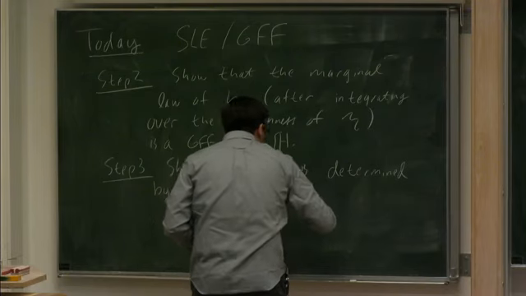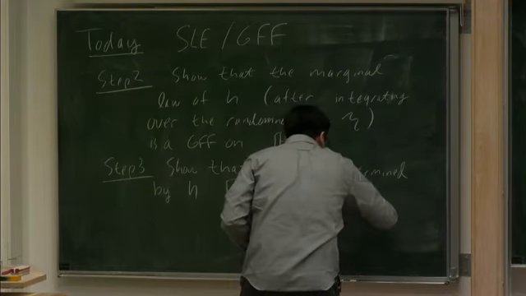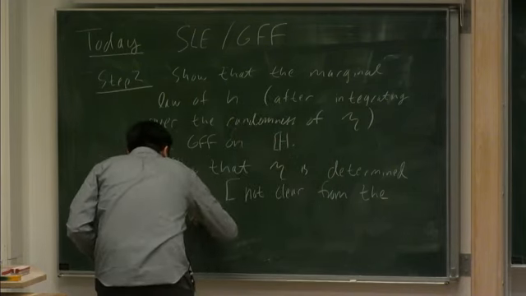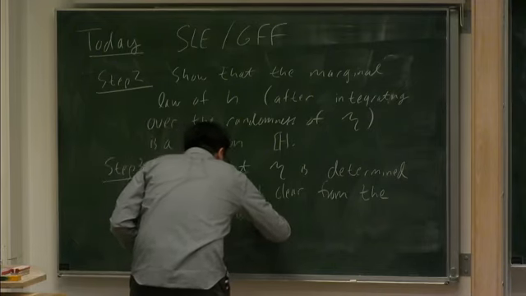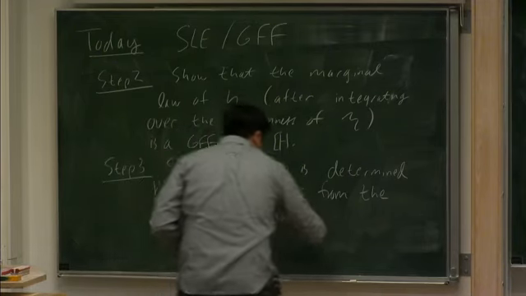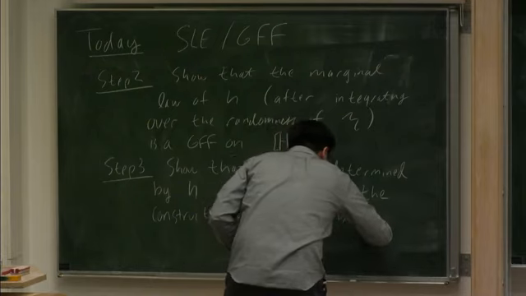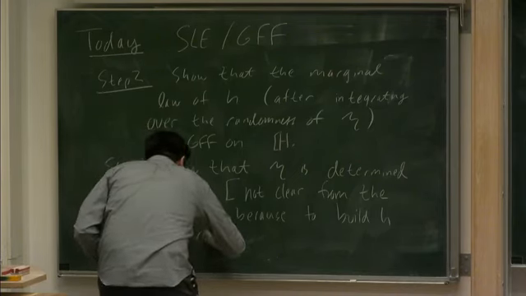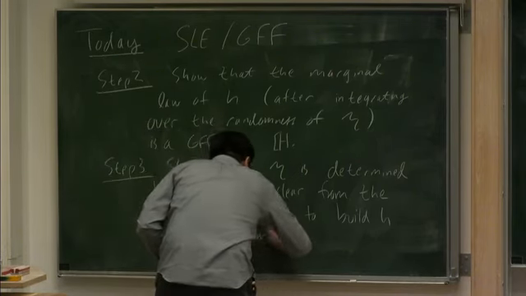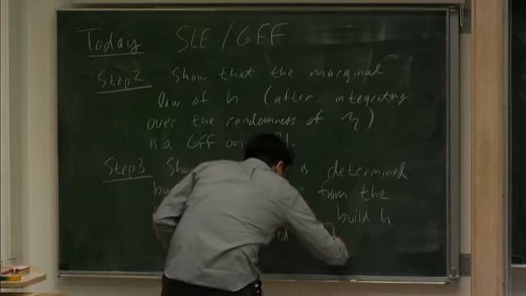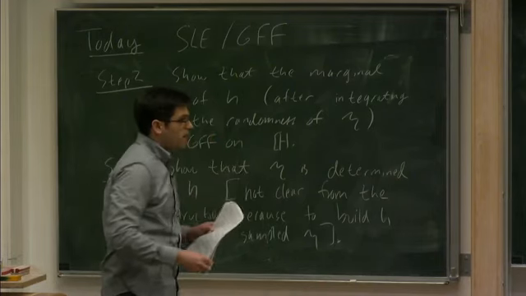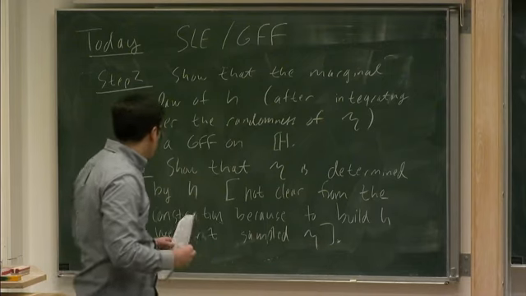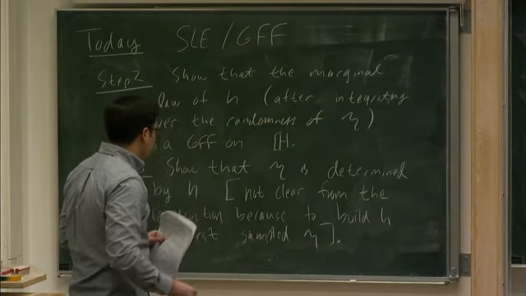It's not immediate from the construction, because in order to build h, we first picked eta. Okay, so these are the three things that one would want to do to build these Gaussian free fields in this sort of indirect way.